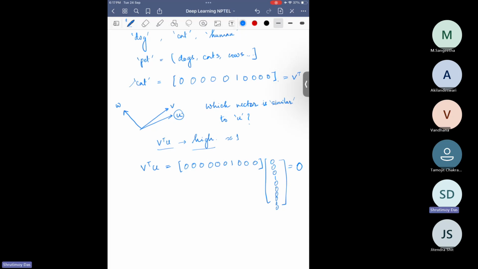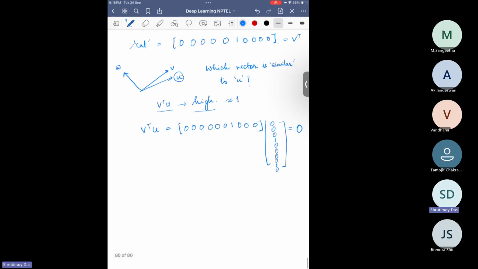So now we look at a different way of representing these words that we have. One of the techniques that was discussed in the class was that of a co-occurrence matrix.